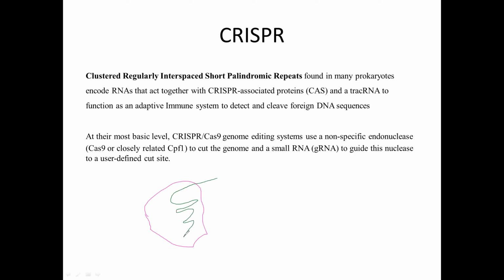You can see that a significant portion of the RNA is bound to the protein, and a 20 base stretch is actually out. So this is free to interact. This 20 base stretch is free to interact with the target DNA.